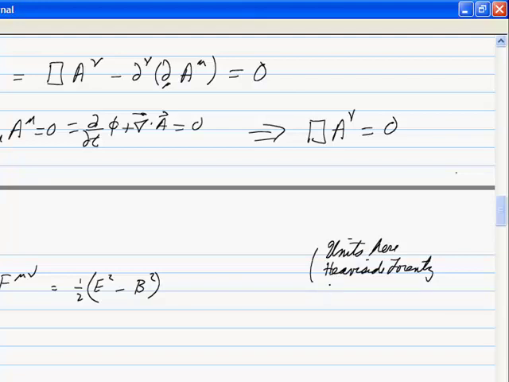But the Hamiltonian, or the energy, well, I'll call it the Hamiltonian, in this unit is 1/2 E squared plus B squared, whereas the Gaussian units that we used before would have been 1/8 pi E squared plus B squared.